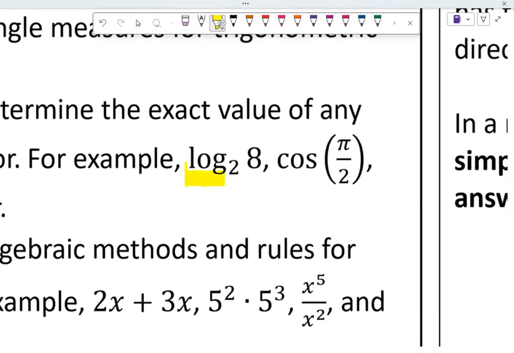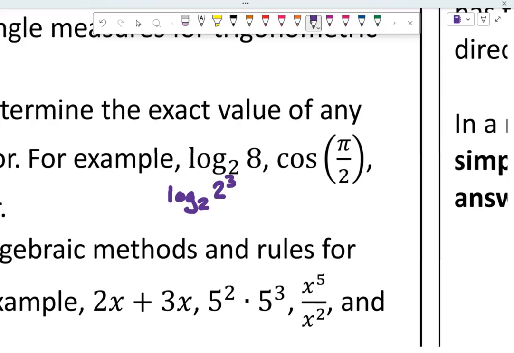Well, the idea for this one is to write this as log base 2, and then 8 we're going to rewrite as 2 to some power, so I get that matching base. What is 8 as 2 to a power? What power? 3, right? So that would be 2 to the third.